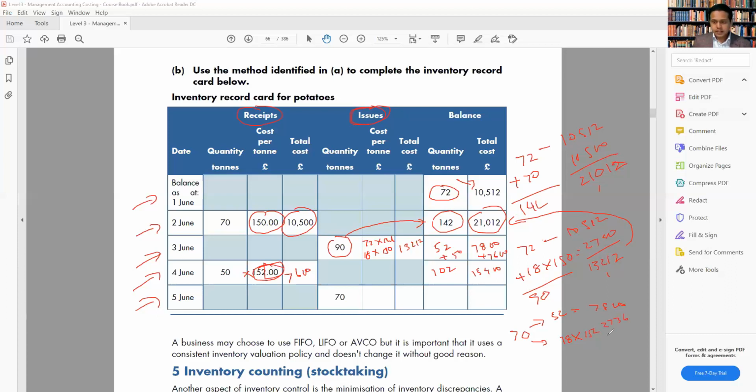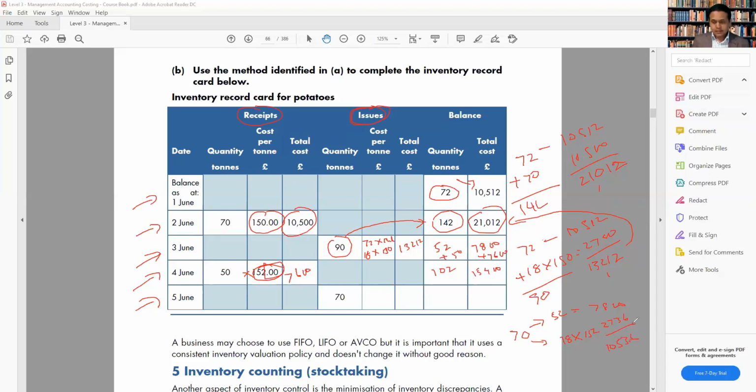2,736. And if I add this to 7,800 plus 2,736, what is the total here? 10,536. Thank you, Nazia.